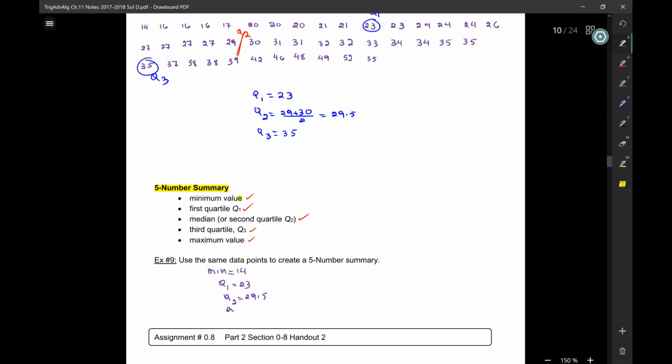Oh, vitals, that's what it is. They take your vitals. All right, hang on. So Q3 is 35, and max is 55. Okay? So that's the 5-number summary.